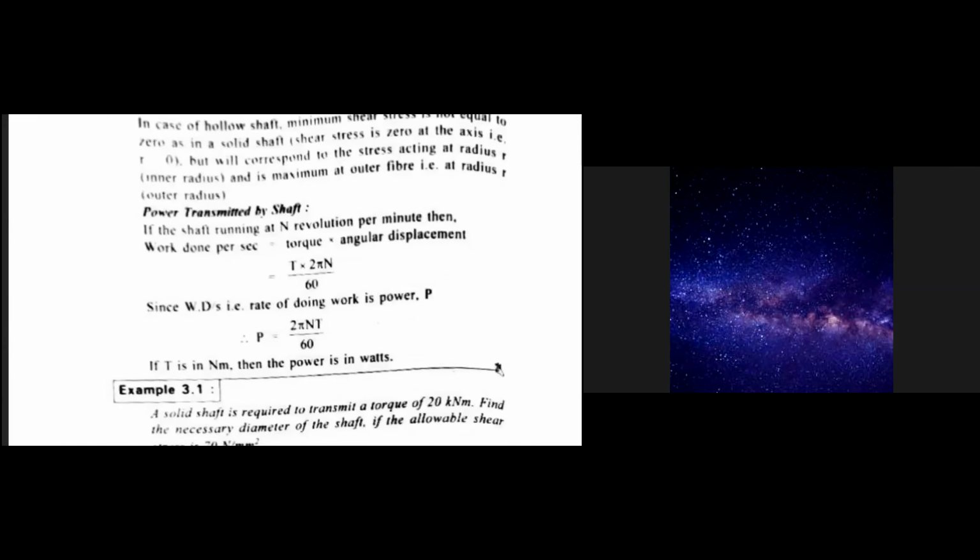And power transmitted by the shaft P equal to 2 pi n T by 60, where T is the mean torque in Newton meter, N is the speed of the shaft, and P is the power in watts. Okay, now we will solve some problems.